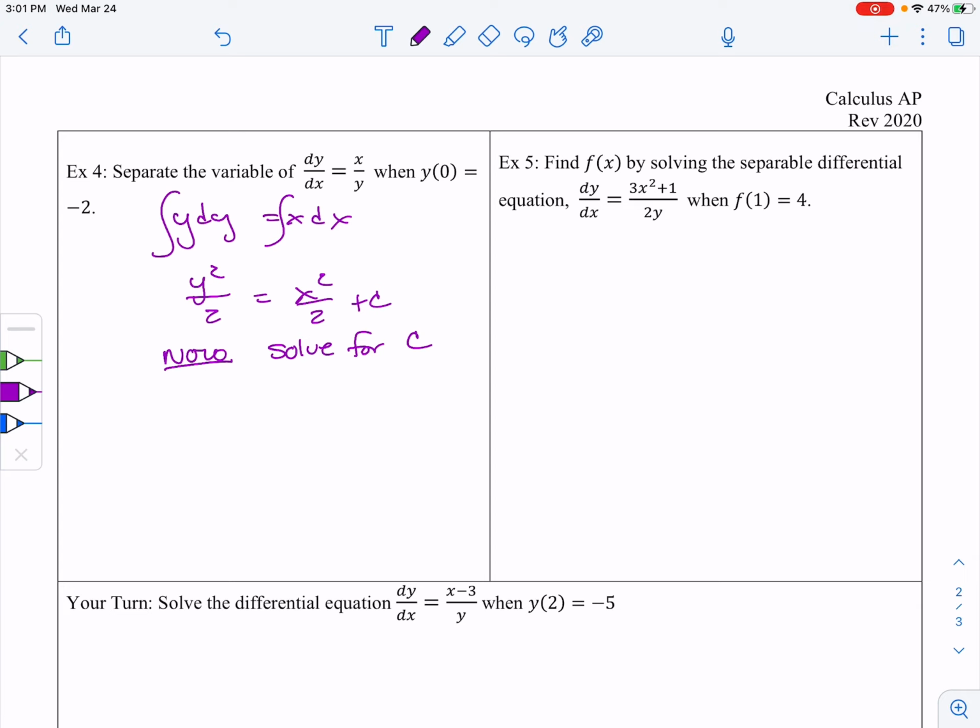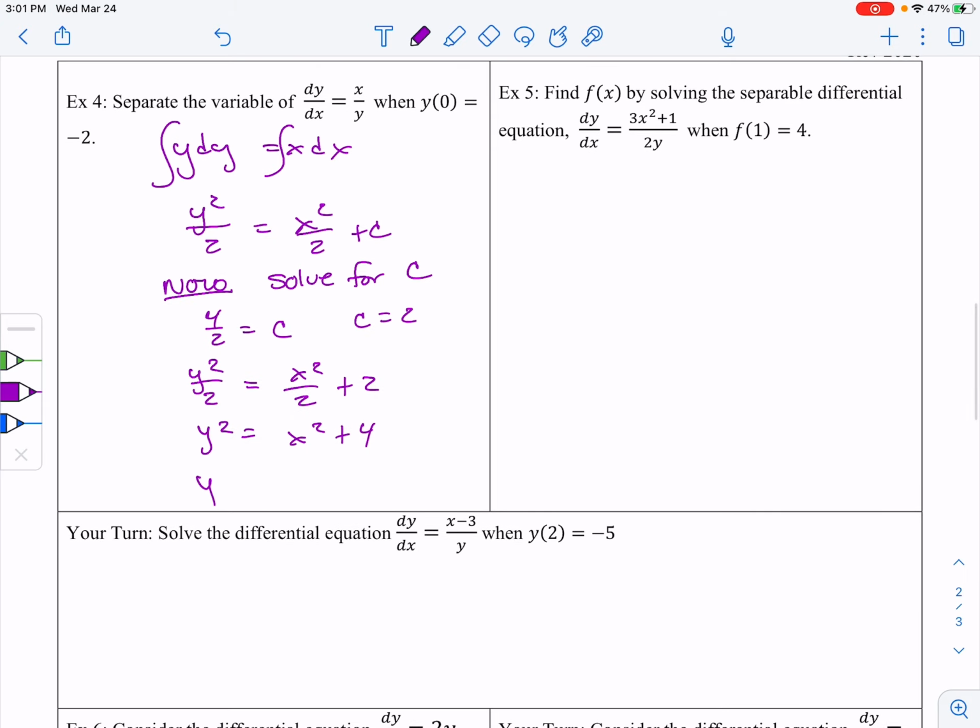At 0, that's negative 2, so you get 4 over 2 equals c. So c is equal to 2. Y squared over 2 equals x squared over 2 plus 2. Multiply both sides by 2. I've got y squared equals x squared plus 4. And now I take the square root. When I take the square root, it's negative this time.